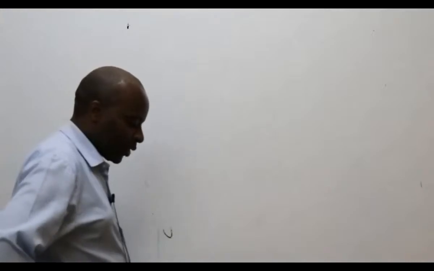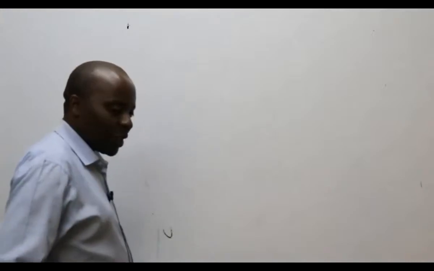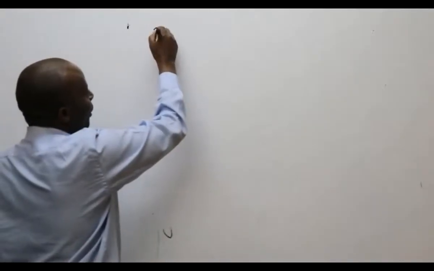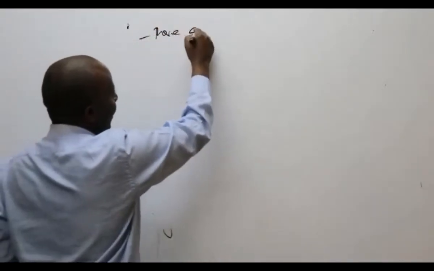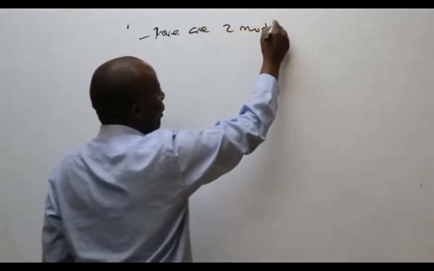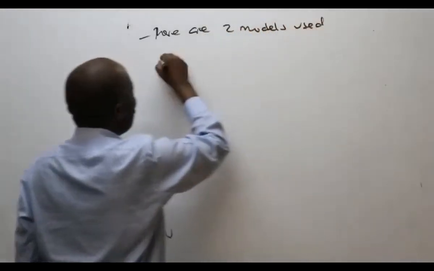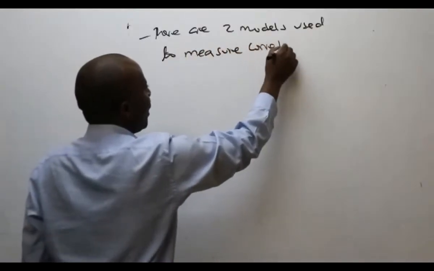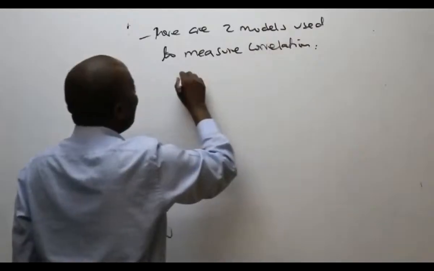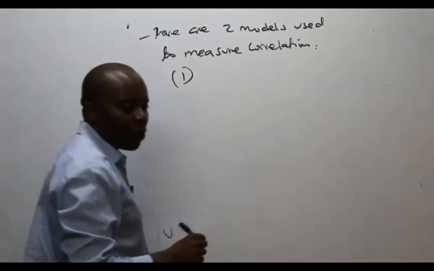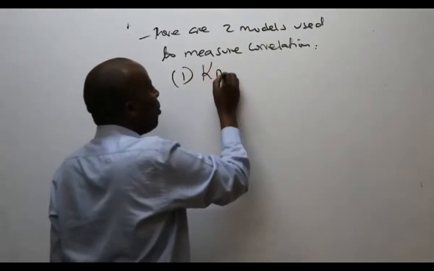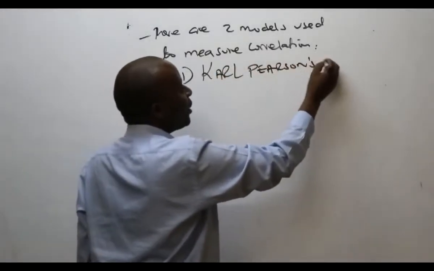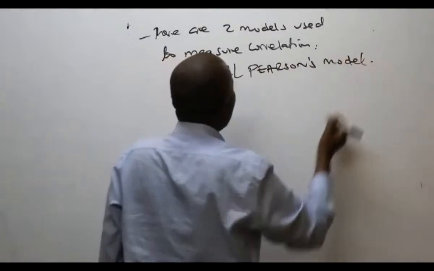Ladies and gentlemen, for us here, there are two models which are normally used to measure correlation. We're writing our notes there that there are two models used to measure correlation. Number one, we have what we call the Karl Pearson's model.